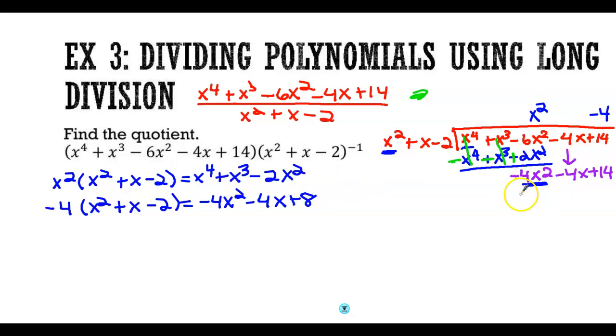So let's go ahead and write that in over here. Negative 4x squared minus 4x plus 8. All right, divide, multiply, and subtract. Let's go ahead and switch these signs up.